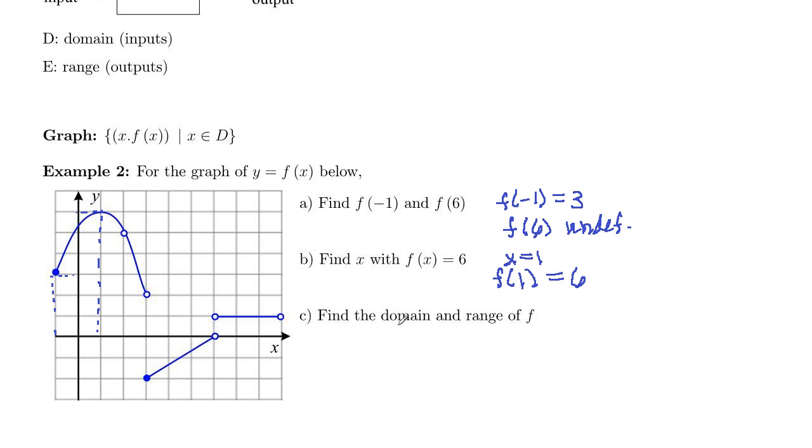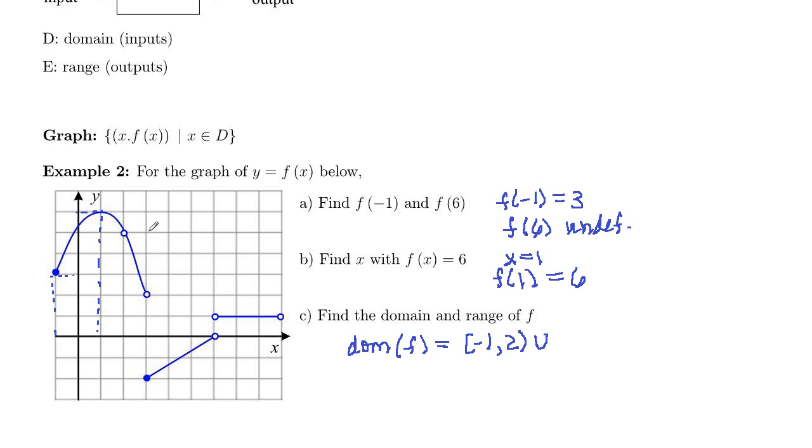And then part C, they want us to find the domain and the range of f. So the domain is the set of all inputs for our function. And so we can start at -1, and we have function values, points on the graph, all the way up until +2, and then there's a hole here. So this would be -1 to +2, parentheses there.